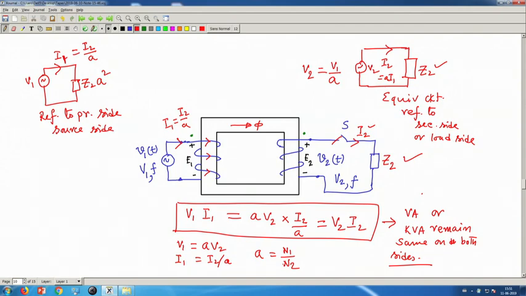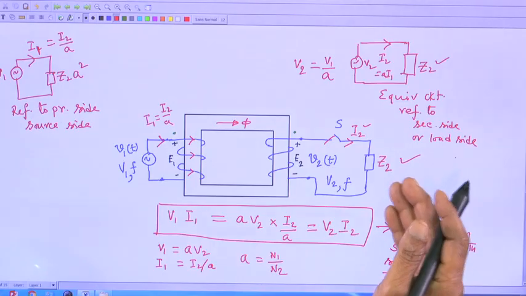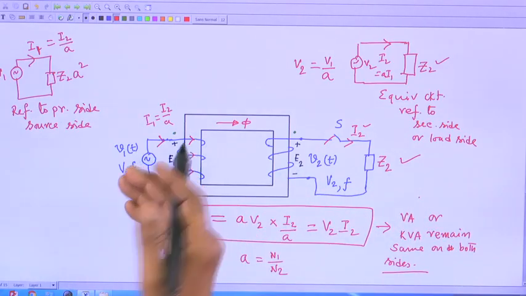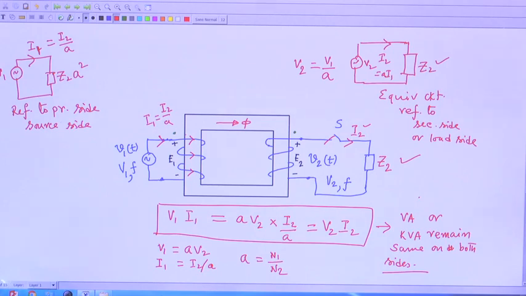So the kVA of the transformer remains the same, and currents and voltages on both sides are related like this, and because of these relations, the impedance you have connected across the secondary appears somewhat differently on the primary side.